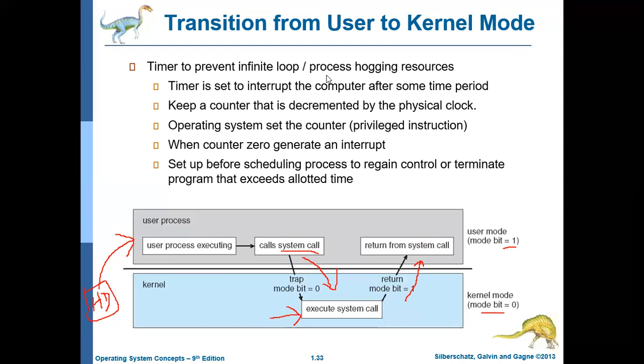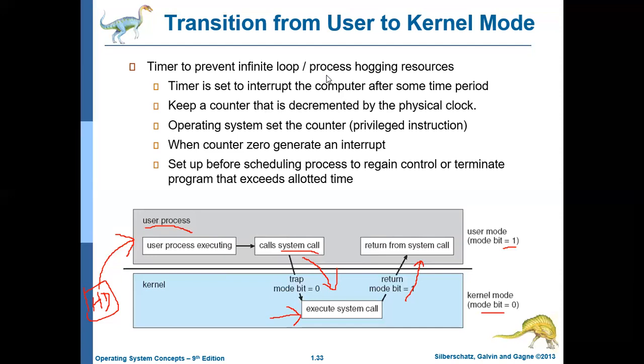So during kernel mode the mode bit will be 0 and during user mode the mode bit will be 1. Okay, so why are we doing this? We are doing this to ensure safety. If you allow a user process to execute kernel operations, it may lead to some unpleasant things. Like if there is more than one process in memory, if one process is affected, it may affect another process also, or it may affect the operating system itself.